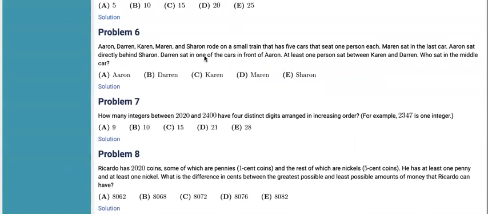Problem 6. Aaron, Darren, Karen, what? Wow, rhyming names. Aaron, Darren, Karen, Marin, and Sharon rode on a small train. That's 5 cars that seat 1 person each. Aaron sat in the last car. Aaron sat behind Sharon. Darren sat in one of the cars in front of Aaron. At least 1 person sat between Karen and Darren. Interesting.